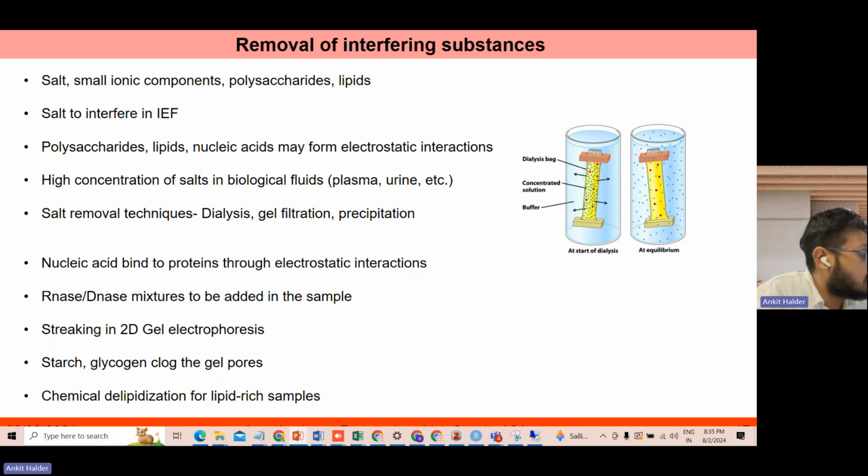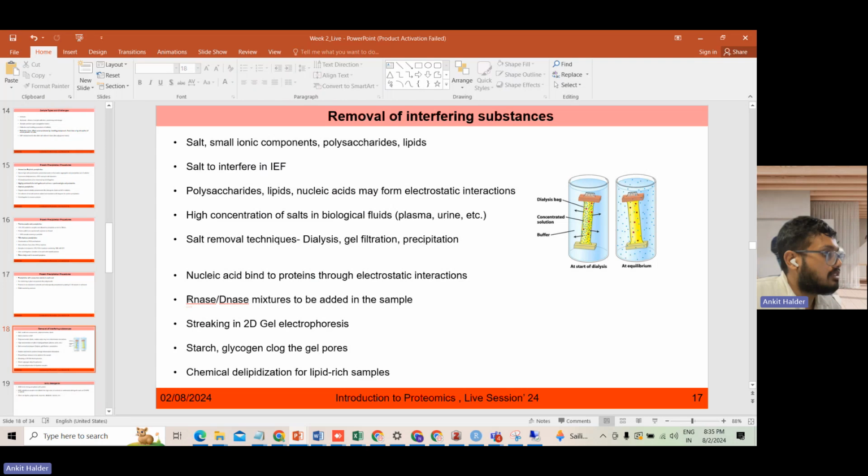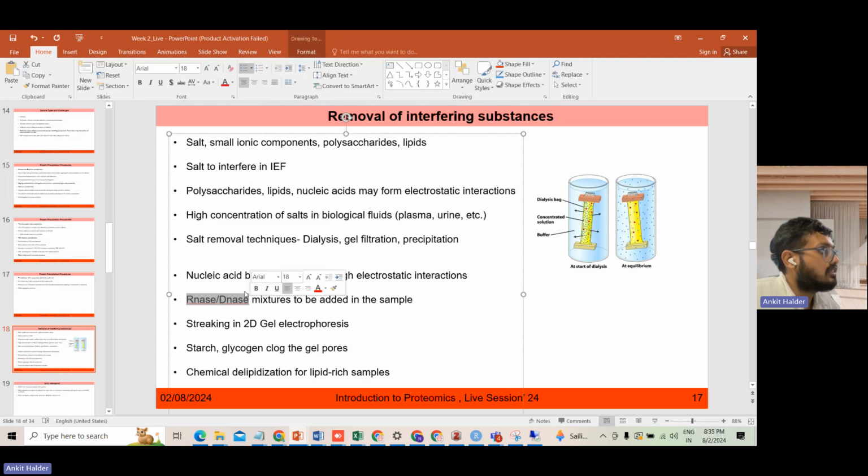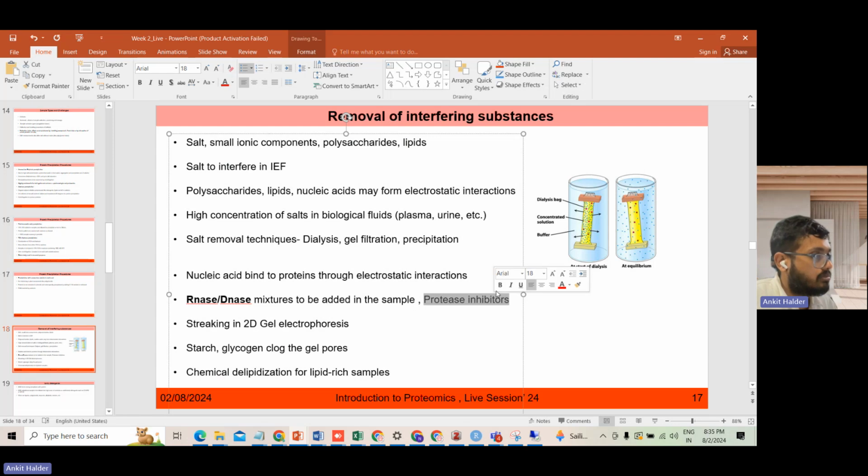Next is the nucleic acid that remains bound to proteins through electrostatic interactions. For that, I haven't made it bold, but it is very, very important to have not only protease inhibitors but also RNases and DNases. So RNase and DNase mixtures we need to provide, and protease inhibitors we need to provide.